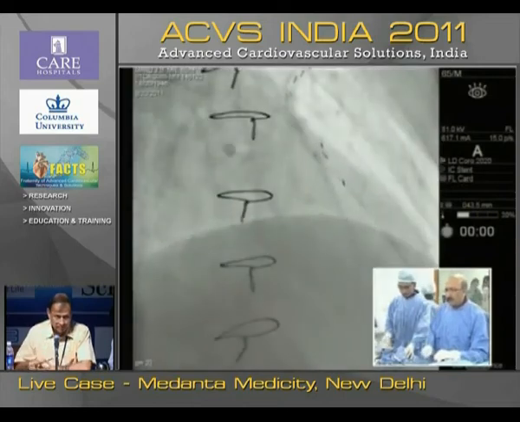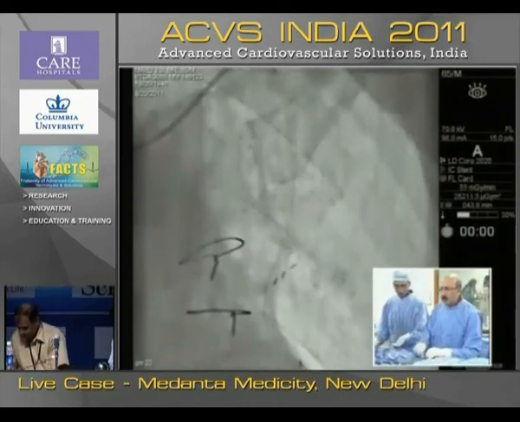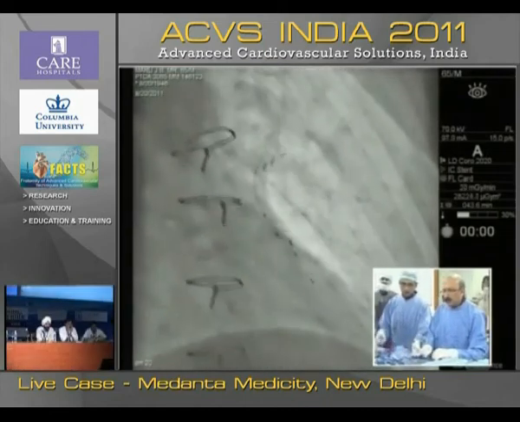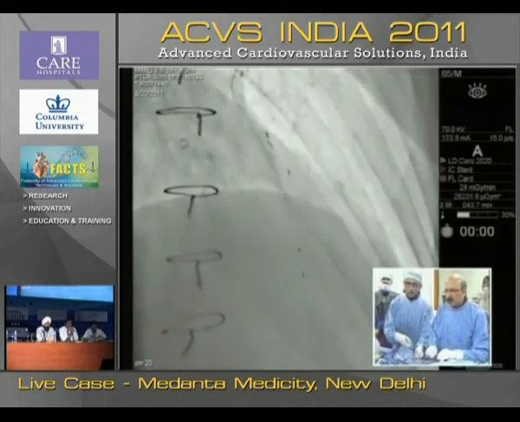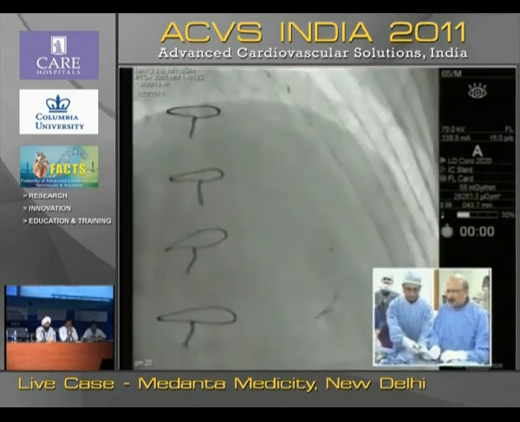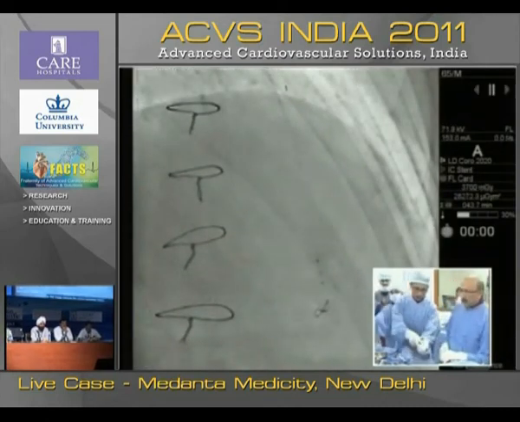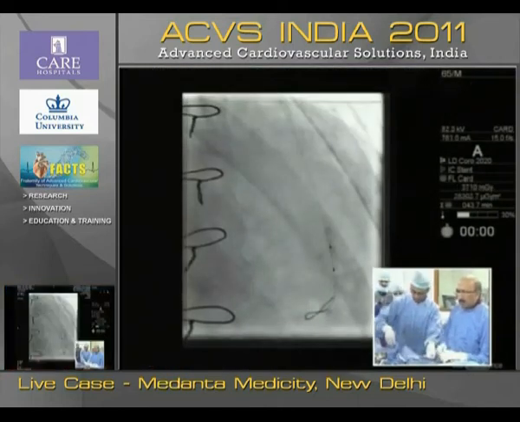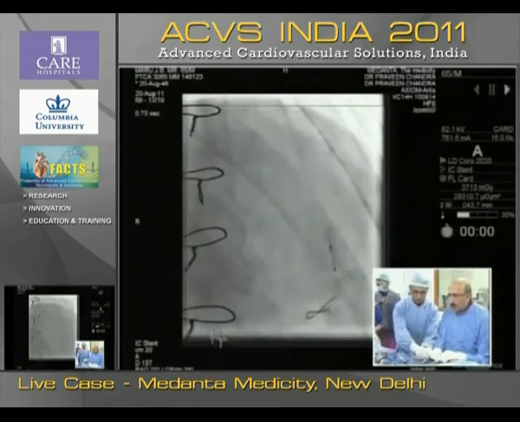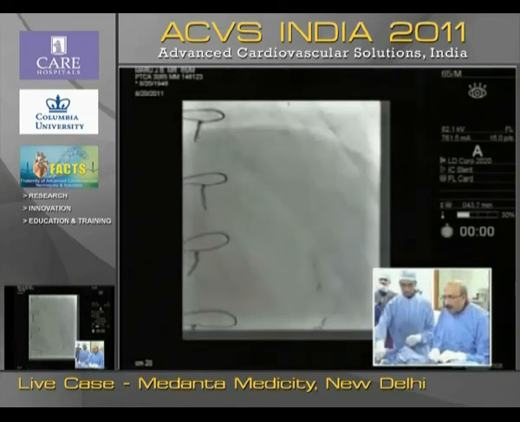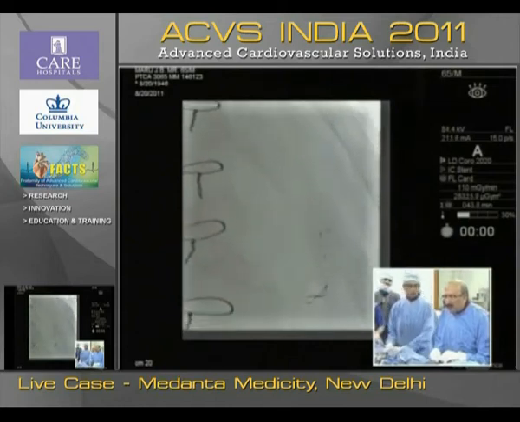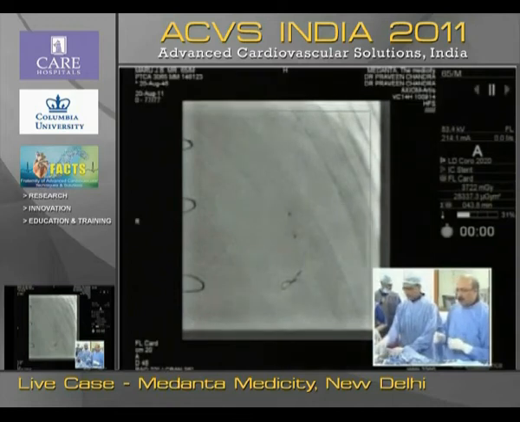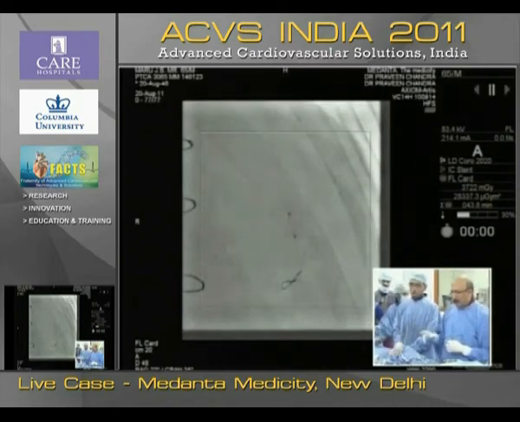This is the 2.5, 8 millimeter balloon. It is going very nicely now, and we have crossed the lesion, the stent. Okay, yeah, we can see it very clearly on the stent boost program. Let me tell you, there was some discussion about radiation, and I want to make it a point always that we use low radiation, because all the machines now have low, medium, and high radiation zones.